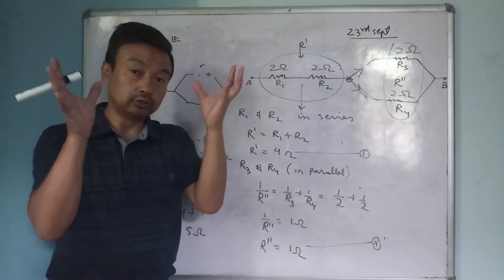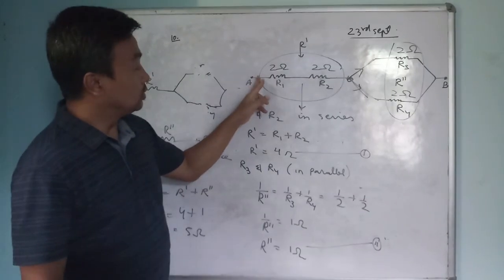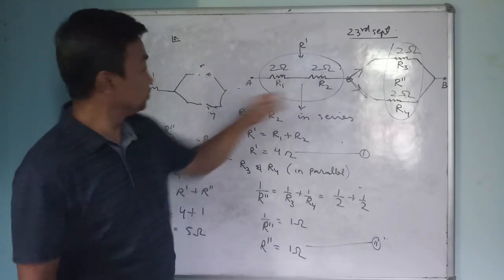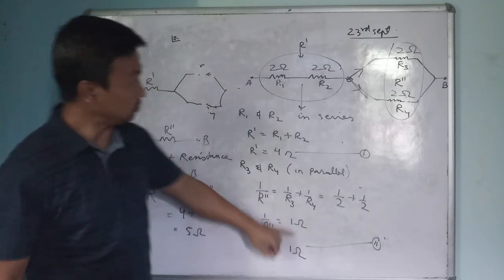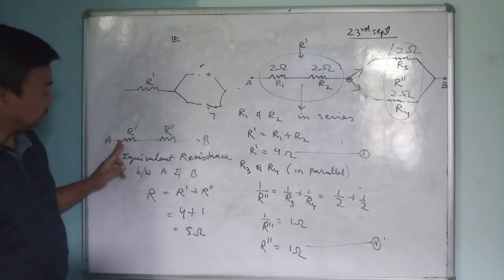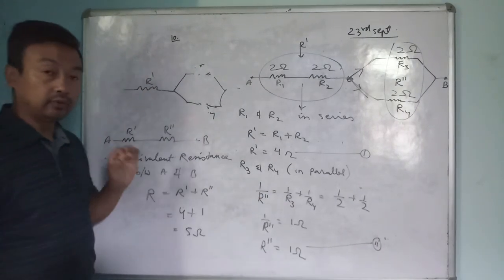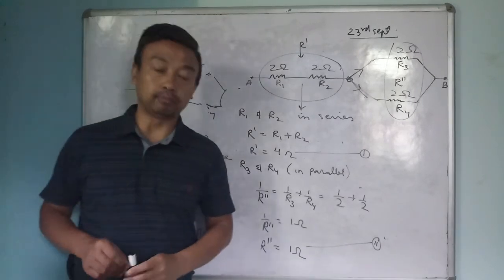Your main point is to reduce them. So you have to start by taking the ones which are in series like this here, and these two are in parallel. Then again the final 2 are in series. So we have to know the formula of equivalent resistance in series and in parallel.